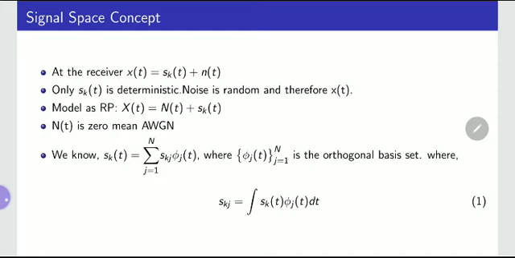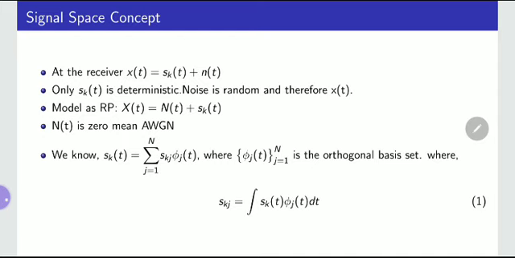That means the received signal x(t) is also random. Our idea will be to model this received signal x(t) as a random process, x(t) equal to s_k(t) plus N(t), and we already know N(t) is zero mean, additive, white, Gaussian noise.